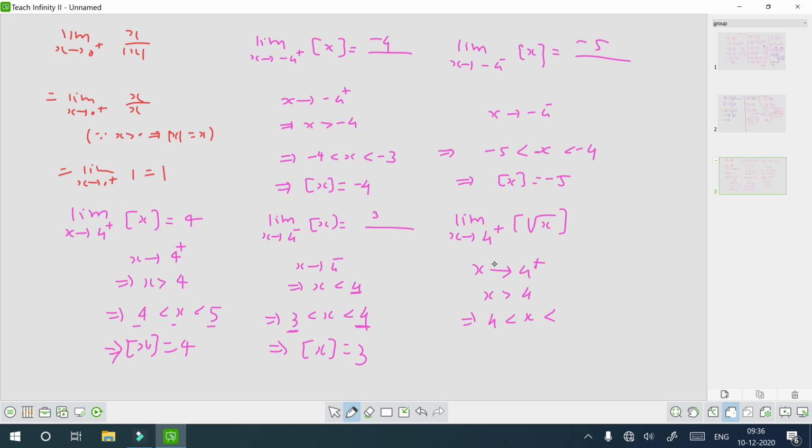I am not writing that part. Here we want square root of x. So here it should be 2, yes or no? Square root of 4 is 2. So definitely here we need to write 9. Then and only then it comes out root 3. So 2 and 3 are successive integers, n and n plus 1. So this implies integer part of square root of x is equal to 2. So this answer is 2.